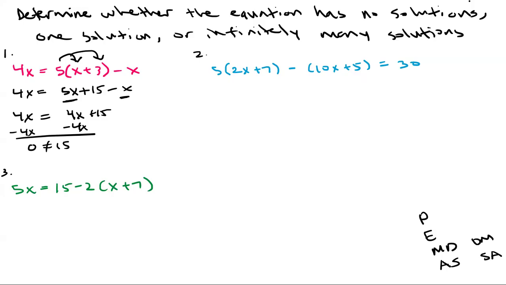These are two equations, and when you try to graph them, they'll never cross. They're probably parallel, and that's why you'll have no solutions here, because they'll never cross. So here we have no solutions for that one.